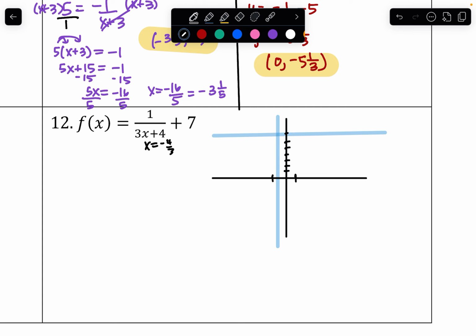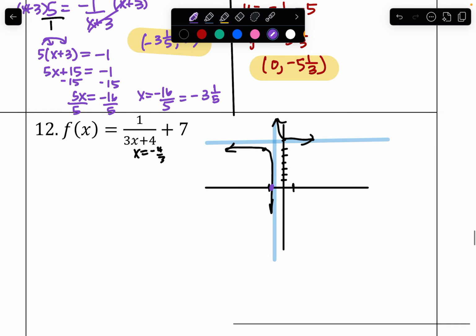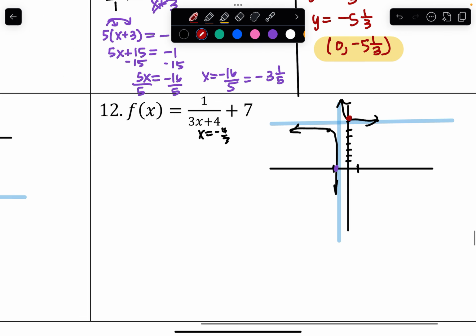We are still in quadrants 1 and 3 because there's no reflection. And so just looking at our picture, my x-intercept is going to be close to -1. My y-intercept is going to be above 7.